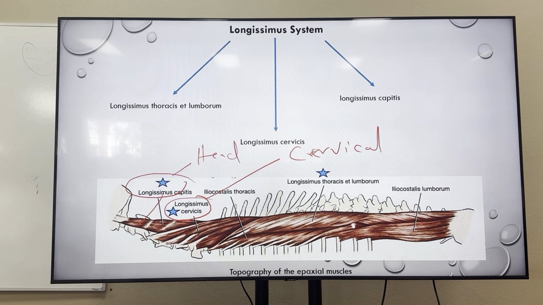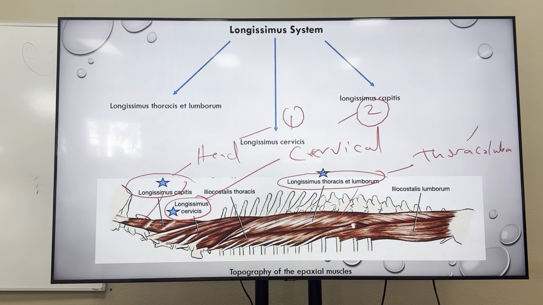And we have the thoracolumbar region. So this is 1, 2, 3. These are the three major divisions of the longissimus system.